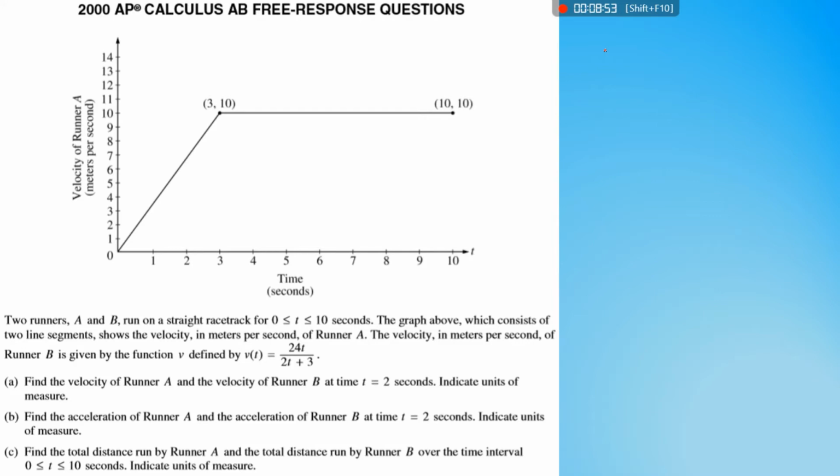So where's velocity A? Velocity A is our graph. If I want the velocity of A at 2 seconds, what can I do?